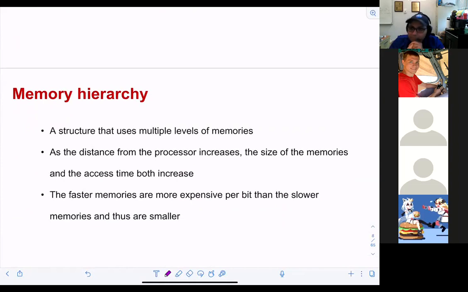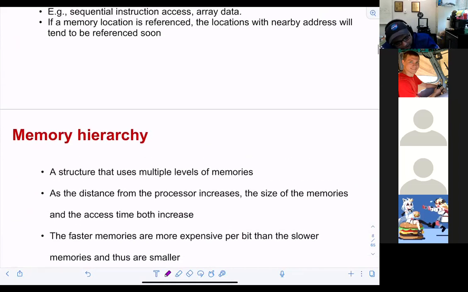All good. Perfect. Anyway, whatever I said is written: a structure that uses multiple levels of memory, passing from memory to memory. And don't forget, those guys are not talking by bypassing each other. Those guys are using indirection. What does indirection mean? The processor doesn't know there is other memory in the system. The only thing the processor knows is that there is something called cache.